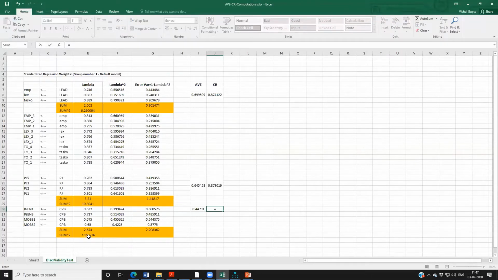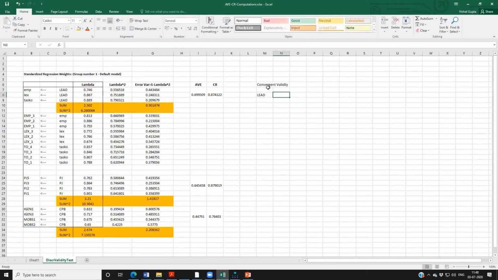We will take the sum square divided by sum square plus the sum of error variances. This becomes the CR.